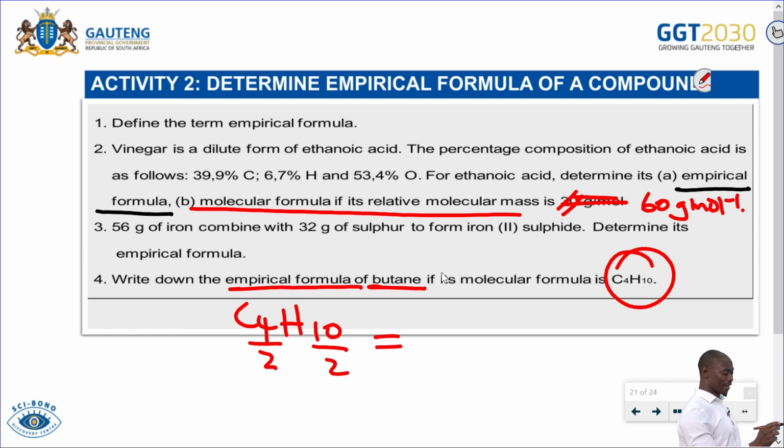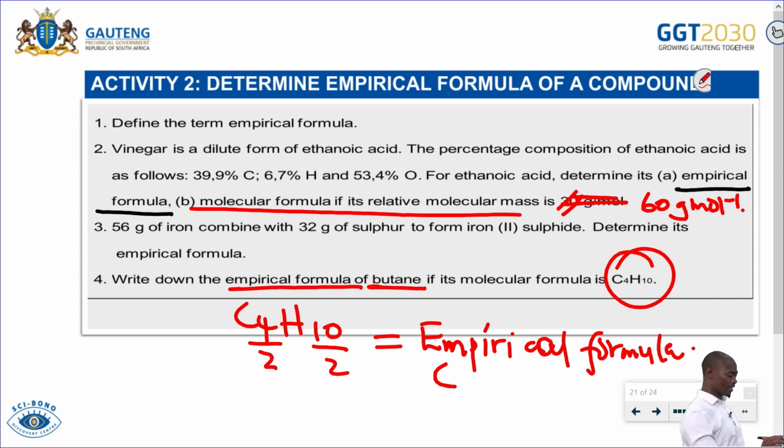Then the empirical formula of butane will be C2H5.